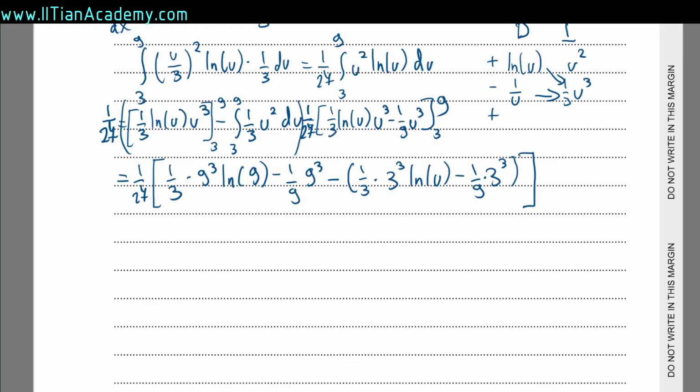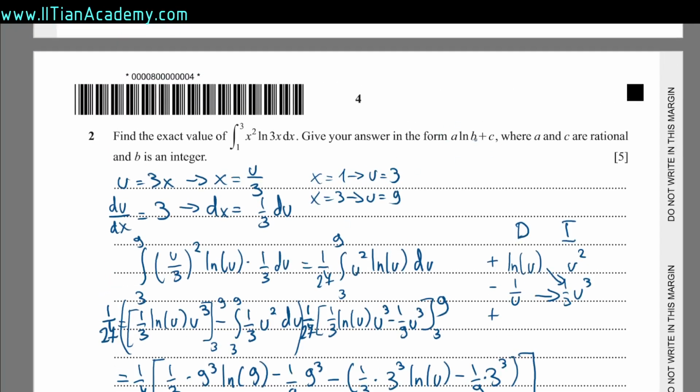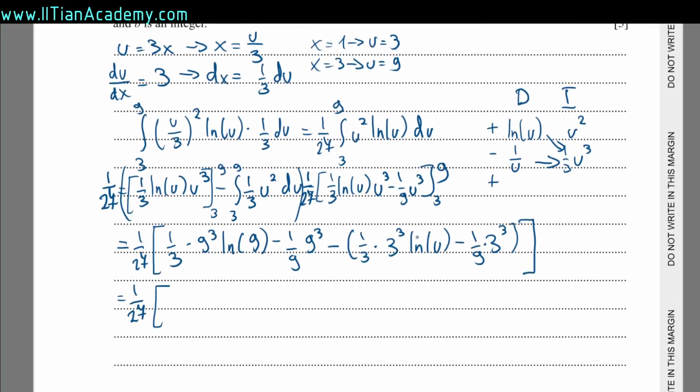So this is going to be 1 over 27. Okay, in the question we need to express everything as one logarithm. So, okay, here I forgot to plug in a 3. But we want everything in ln3 ideally, or at least that's what I think.